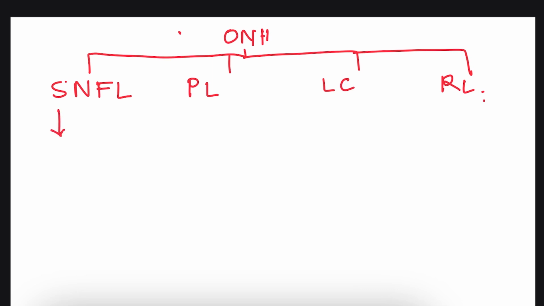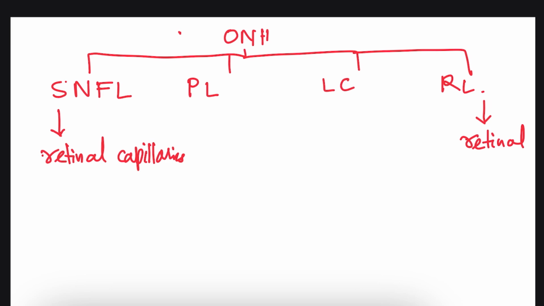In the first of these, only the blood supply from the retina is coming. So it is getting supply from the retinal capillaries, and it is also getting supply from the retinal circulation.